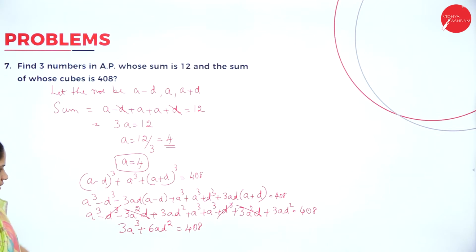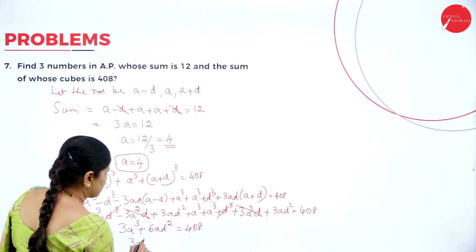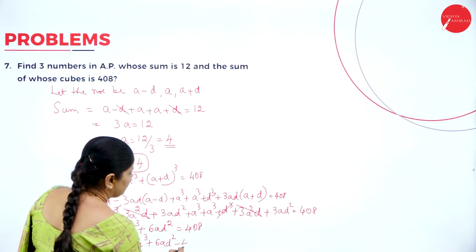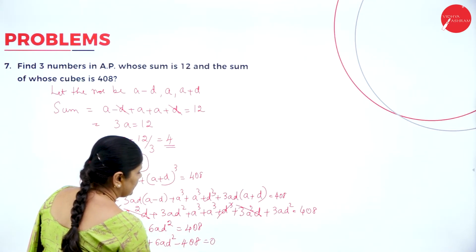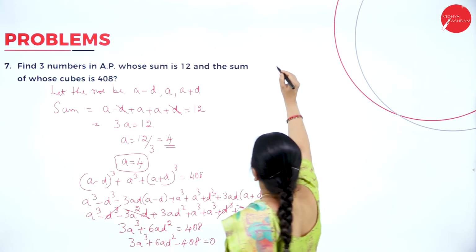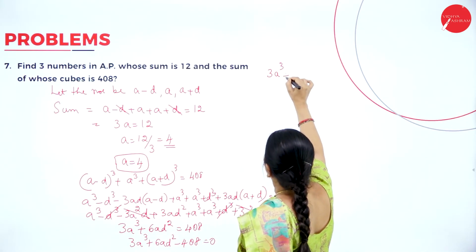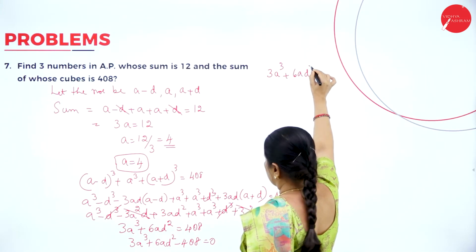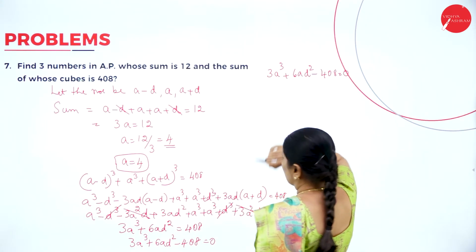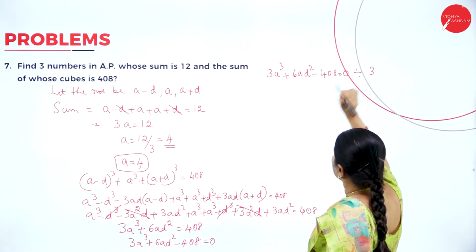Now, we have to see if this is divisible by 3. So, I am rewriting the equation here: 3A cube plus 6AD square minus 408 equals 0. Now, the entire equation is divisible by 3.